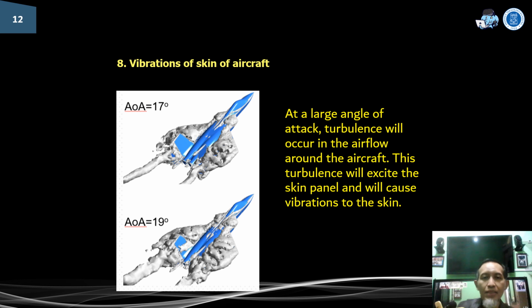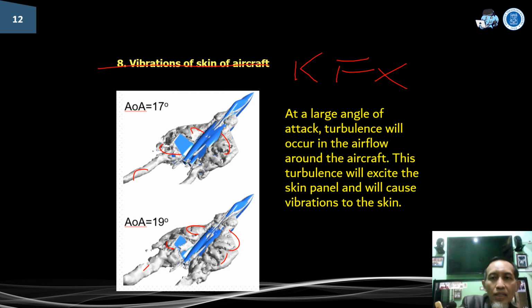Okay, the next example is vibration of the skin of an aircraft. This is turbulence, from a computer simulation for the KFX aircraft.